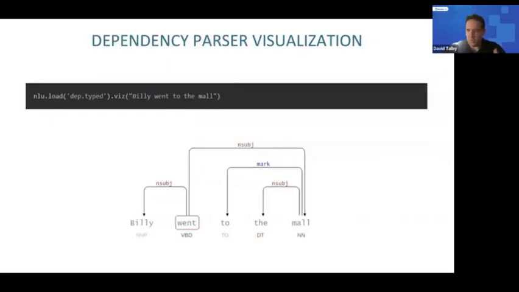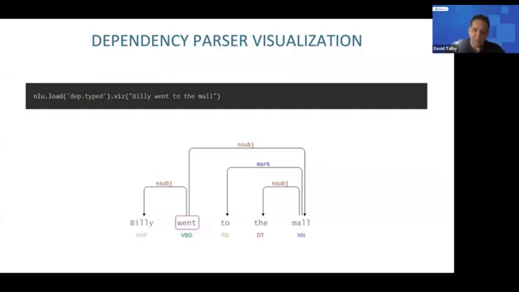There are about 10 types of visualizations available out of the box. One of the examples you can see here is typed dependency parsing. Dependency parsing is the NLP task where we want to find the part of speech of every token in the text and then label the dependency. For example, we have Billy went to the mall.